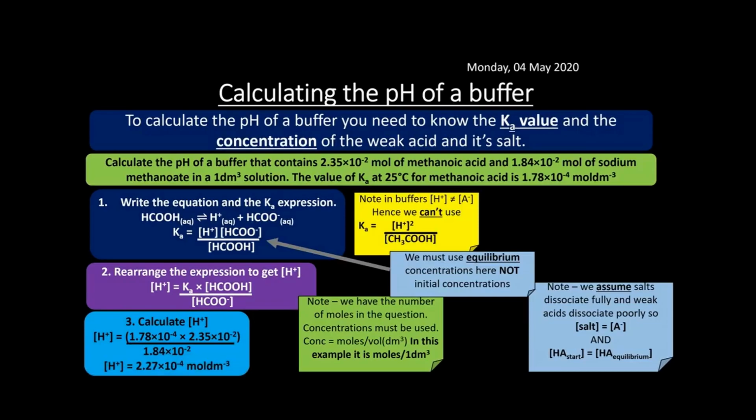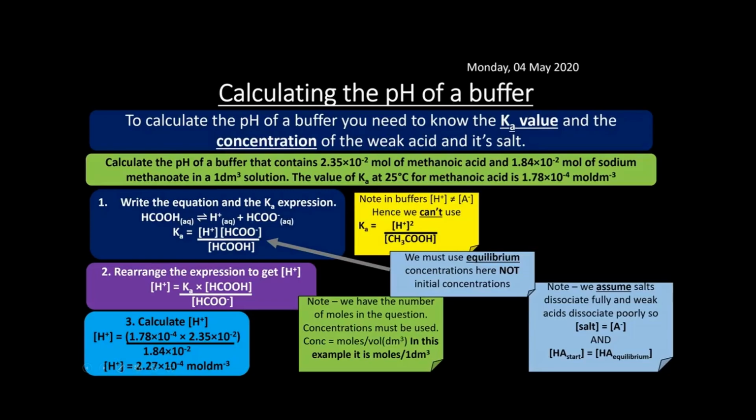Third, we then calculate H plus. So H plus equals 1.78 times 10 to the minus 4, that's the value of Ka, times 2.35 times 10 to the minus 2, which is the concentration of our acid, divided by the concentration of our methanoate ion from the salt, which is 1.84 times 10 to the minus 2.